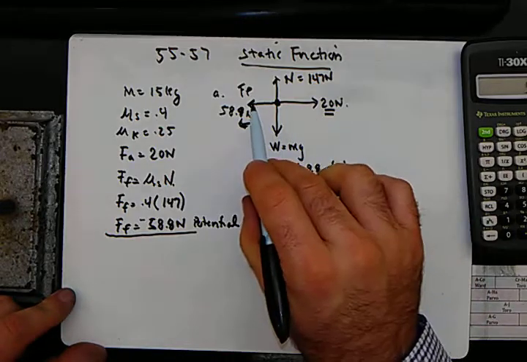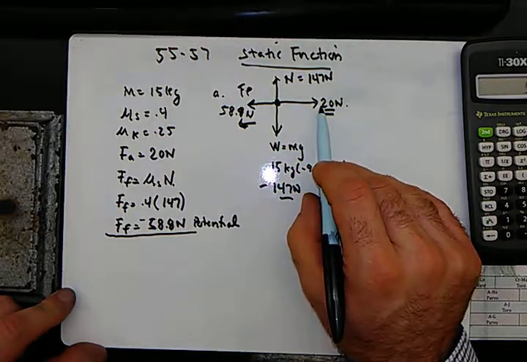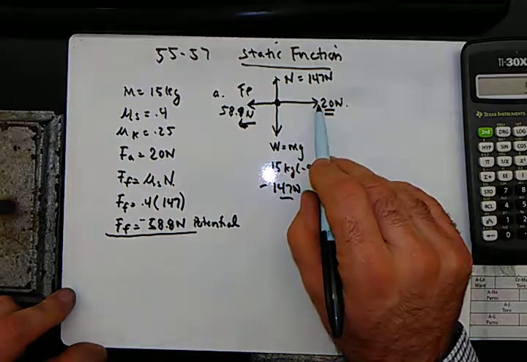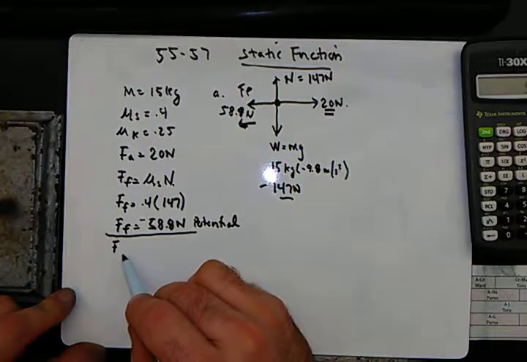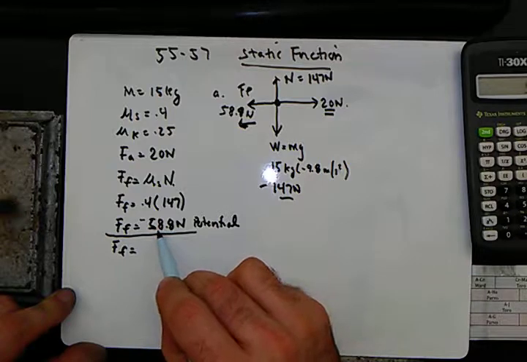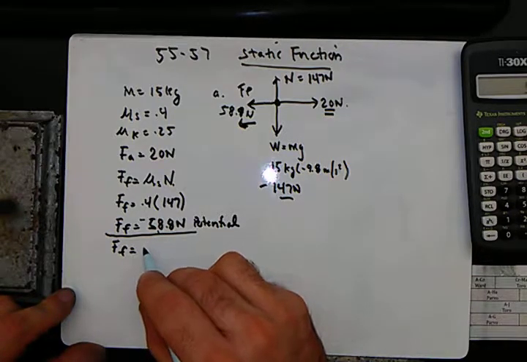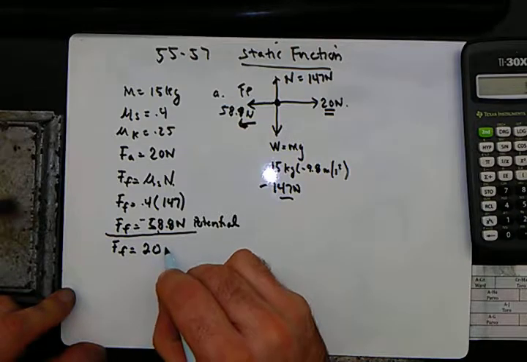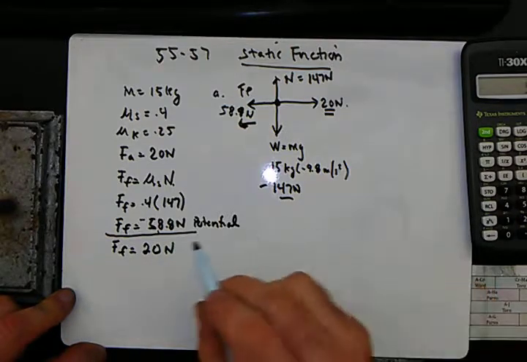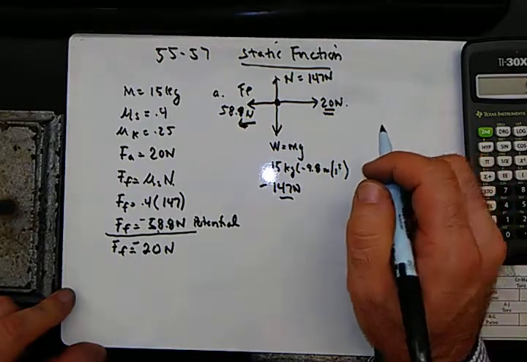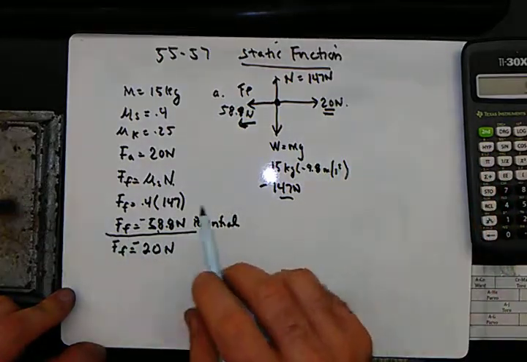But in reality, the friction on this object, if pulled with 20 newtons, is up to 58.8 newtons. So the force of friction on this object is 20 newtons if I'm pulling on it with 20 newtons. Hopefully that's understandable.